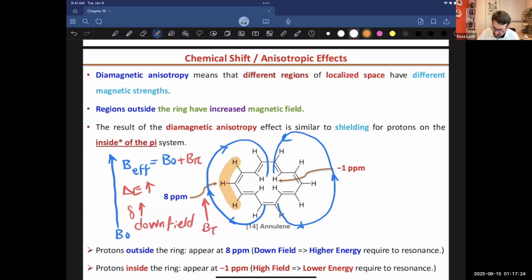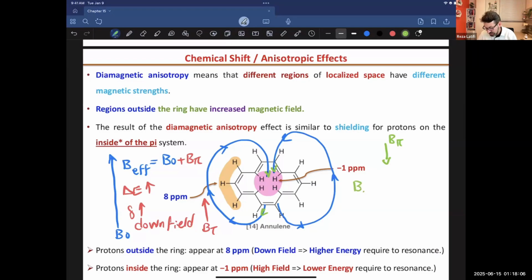How about the ones that are inside? Let's highlight those hydrogen atoms. Now track the magnetic field vectors. The vectors are pointing down, and they are going out here. And so the internal hydrogens are sensing a magnetic field from the pi system that is opposite to the external field.